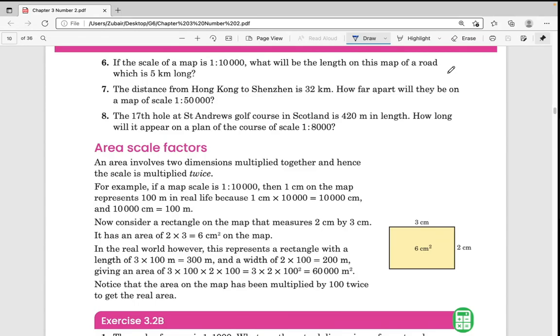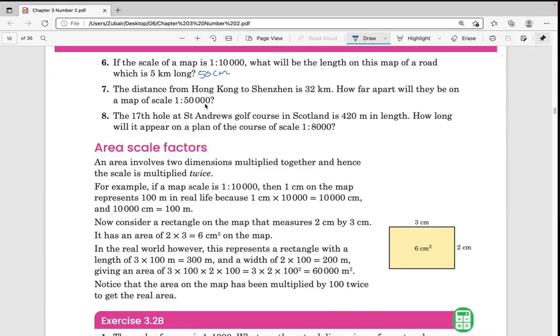Have you done 6, 7, 8 all? I have done 6, 7, 8. Very good. Haris, what is the answer for the sixth one? 50 centimeters. That is correct.